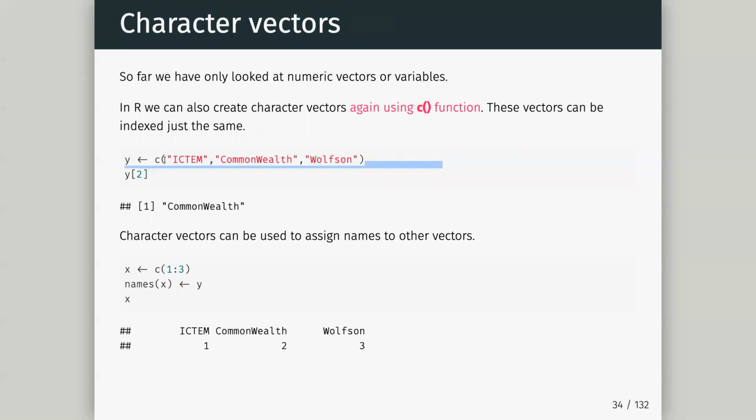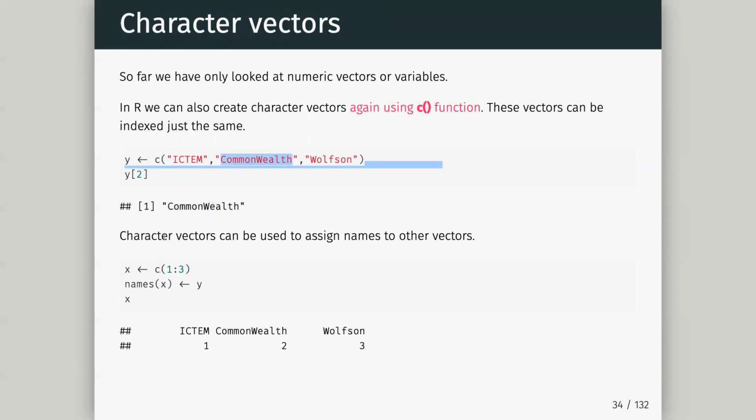I wrote this a long time ago, and those were the buildings where I used to work. I will change that to something else. But here we have our vector of length 3. If I want to extract the second position, I can do it just like I did in numeric. So I do y, square brackets, number 2, and it's going to pull out the second position.